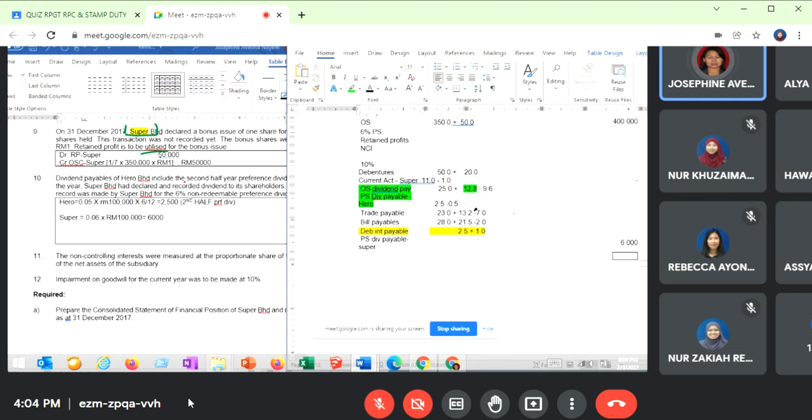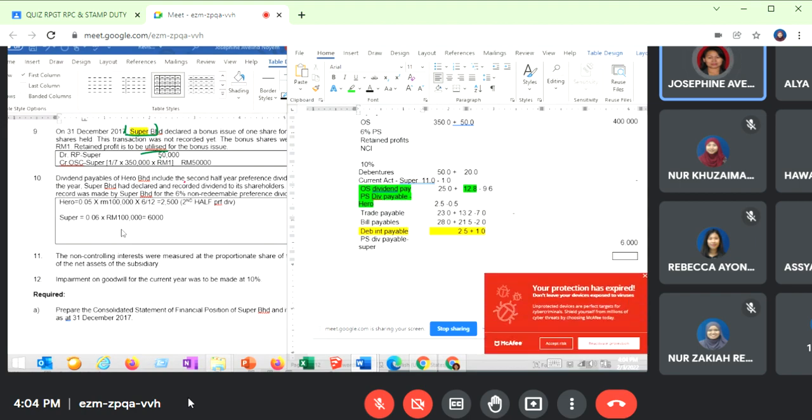Right? We need to cancel the amount that is to the parent company. So how much is the parent share of that dividend? Okay. So the parent share is how many percent? Parent share of the preference is 20%.